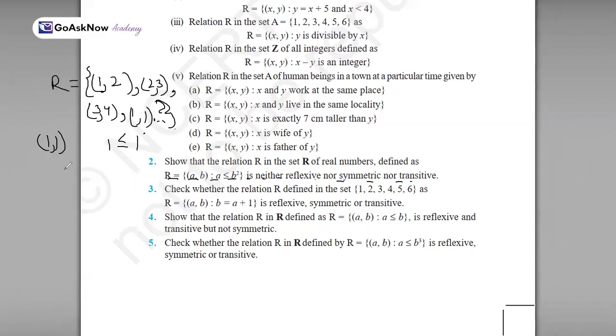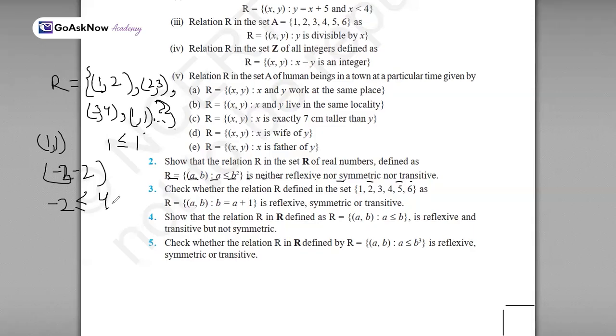Yes. So check whether (-2, -2) is there in the relation or not. Is -2 less than or equal to (-2) square? Okay. So (-2) square is what? 4.